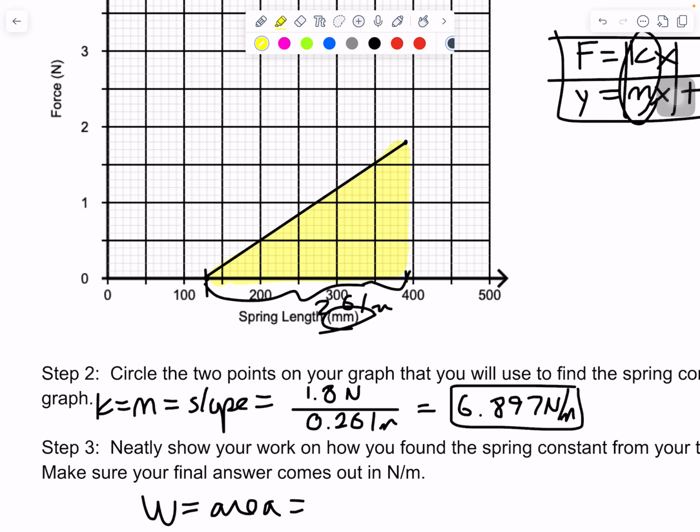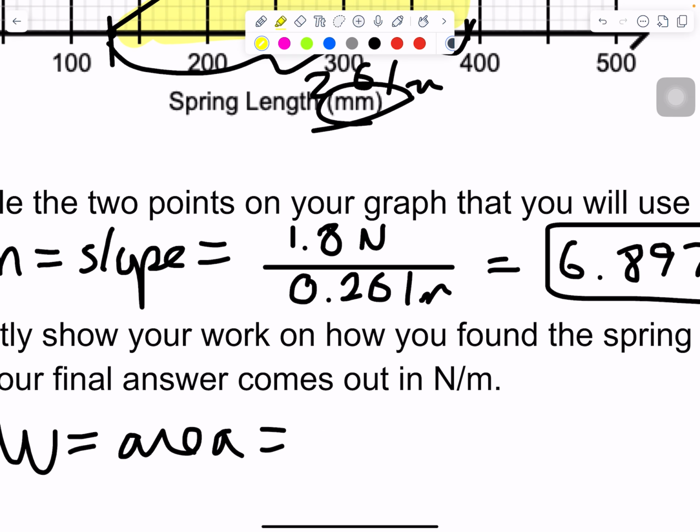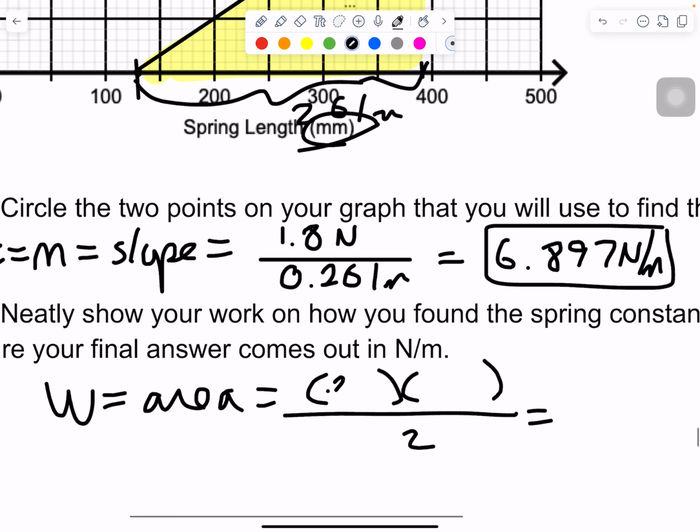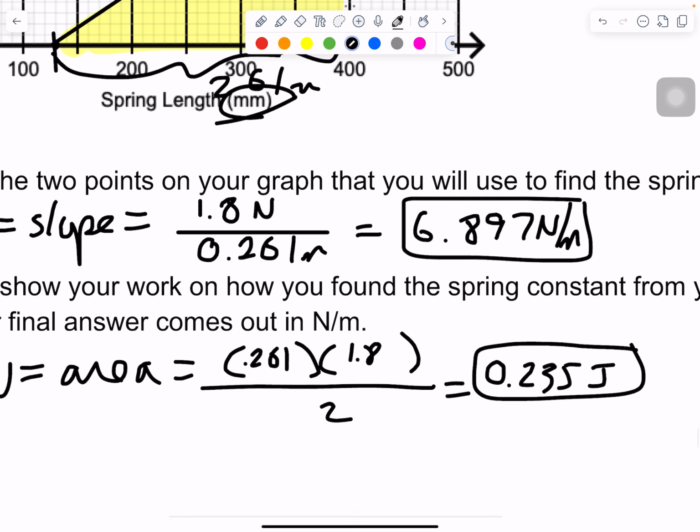Now you just need base times height divided by 2. The base was 0.261 in my case. The height was 1.8. So I'm going to go 0.261 times 1.8, and then take half of that. I'm getting 0.235 joules of work.